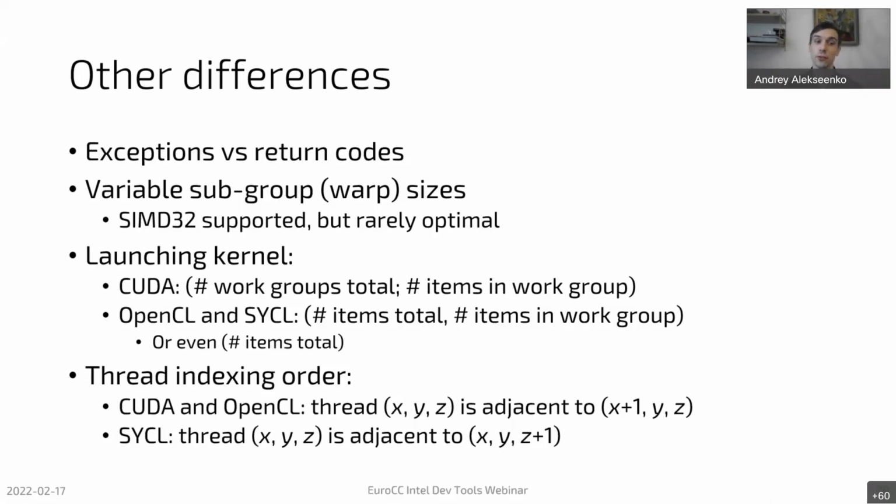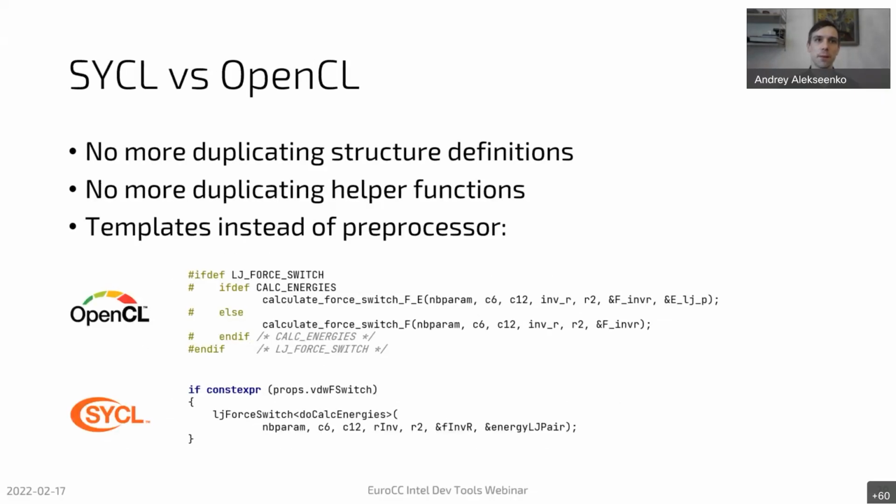And another issue that is encountered when you're rewriting the kernels manually is that in CUDA and OpenCL, when indexing a thread in a multi-dimensional grid, the first index is the fastest changing, while in SYCL it's the last one. So if you're relying on subgroup functionality and use a multi-dimensional grid and you're porting the code from CUDA and OpenCL manually, that can be an issue.